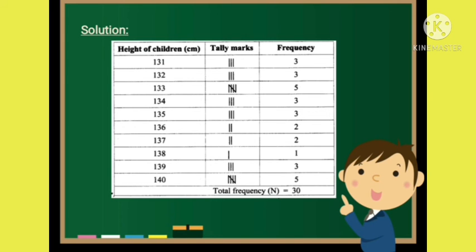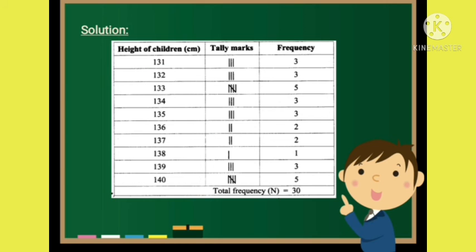131 up to 140. The numbers which are appearing are from 131 to 140 centimeters. Let's see 131. How many times is the number repeating in the data given?